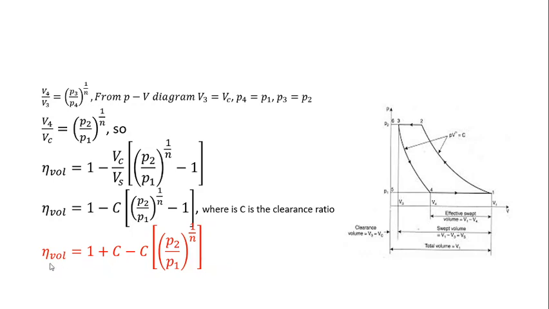Or if you multiply this into the bracket, 1 plus C minus C into P2 by P1 raised to 1 by n. So this is the volumetric efficiency of a reciprocating compressor with clearance volume. Okay.